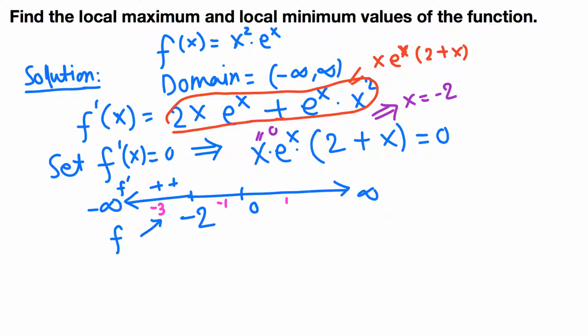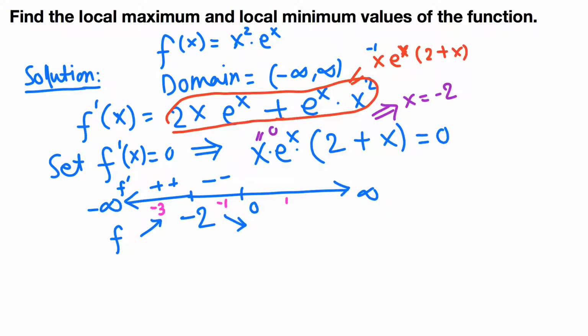And let's look at negative 1. The exponential function has no effect because it is always positive. Here x is negative 1, 2 plus negative 1 is positive 1, and this will be negative then. So on this interval the derivative is negative, so the function is decreasing.